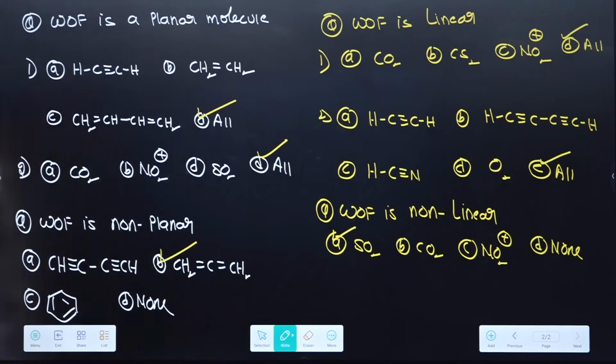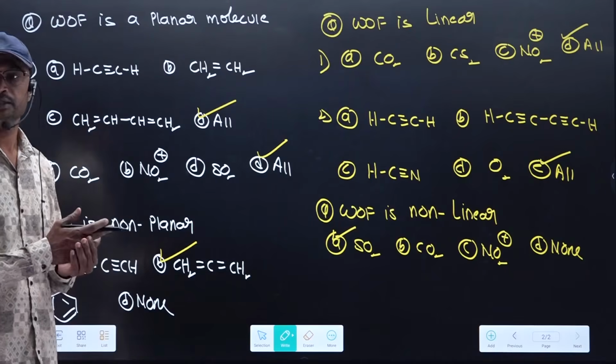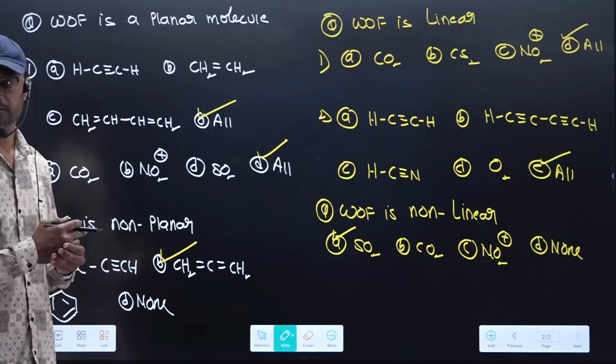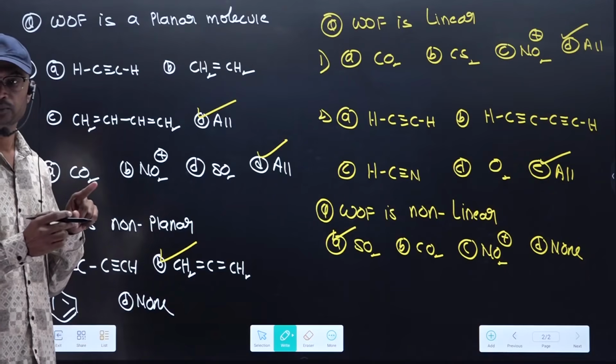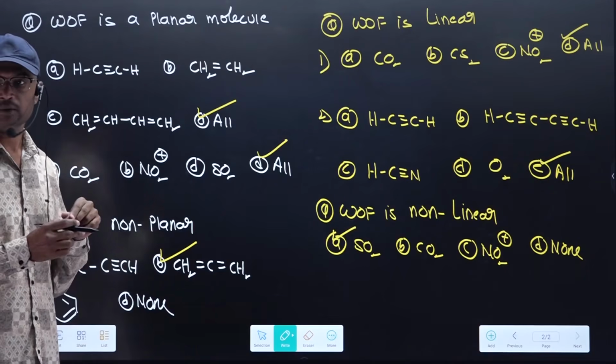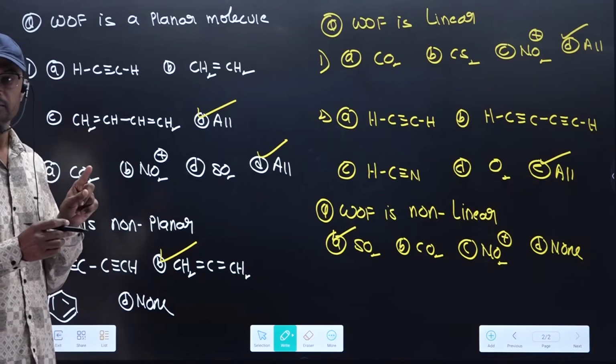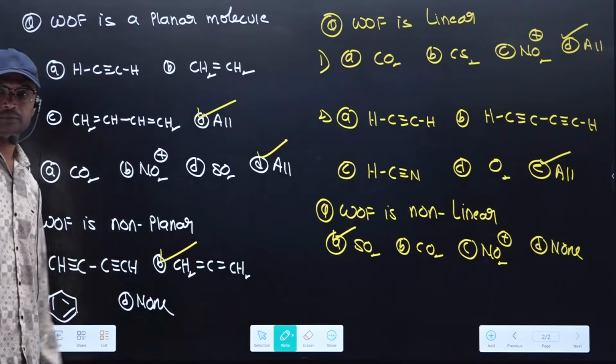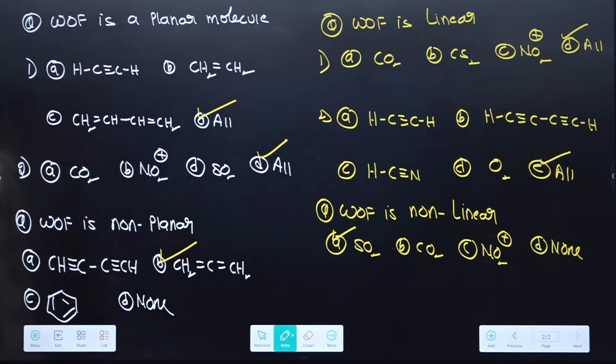B is non-planar. See the definition what I gave. First sp is planar. sp2 is planar. sp3 non-planar. sp2 planar or not? sp2 is planar except allene. This is allene.